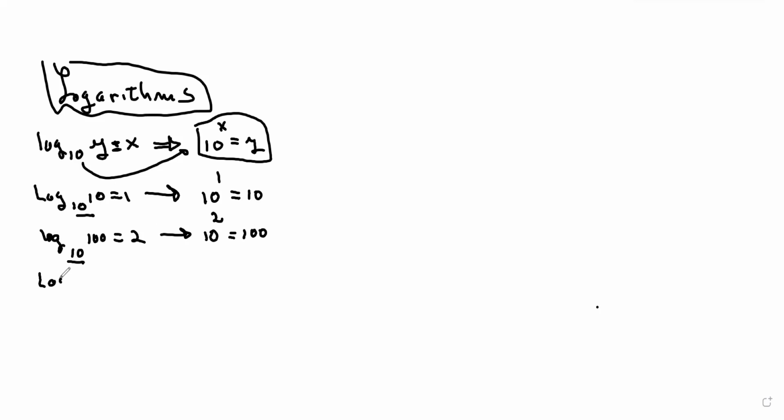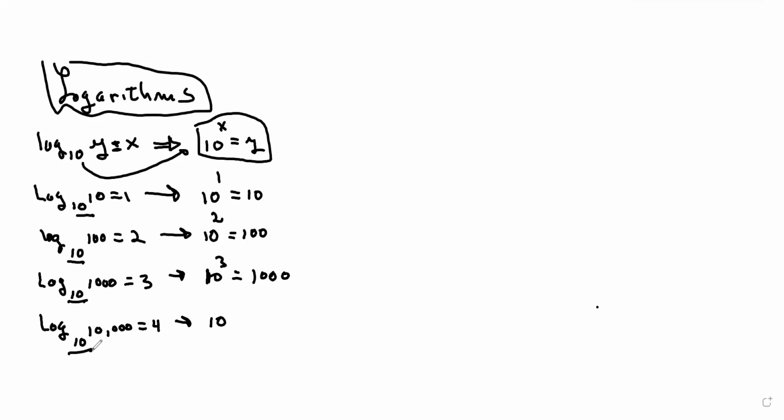And then the logarithm base 10 of 1,000 is going to be 3, because if you take your base, which is 10, and you elevate it to the third power, your 10 to the third power, you get your 1,000. And if you take the logarithm base 10 of 10,000, that's going to be 4. And that's because if you take the 10, which is your base right here, and you elevate it to the fourth power, you're going to get your 10,000.